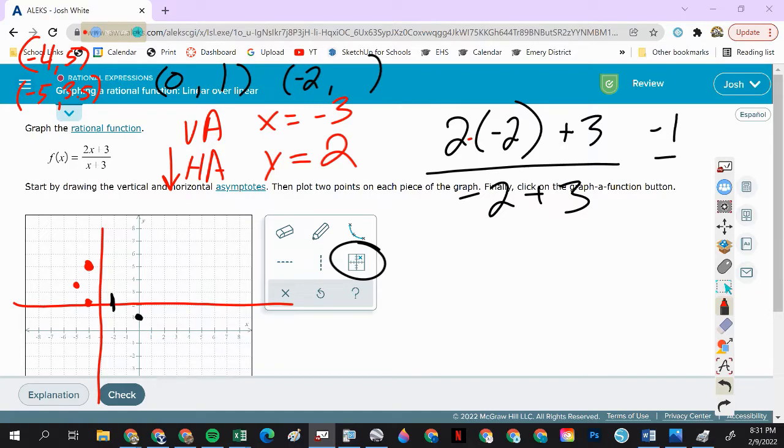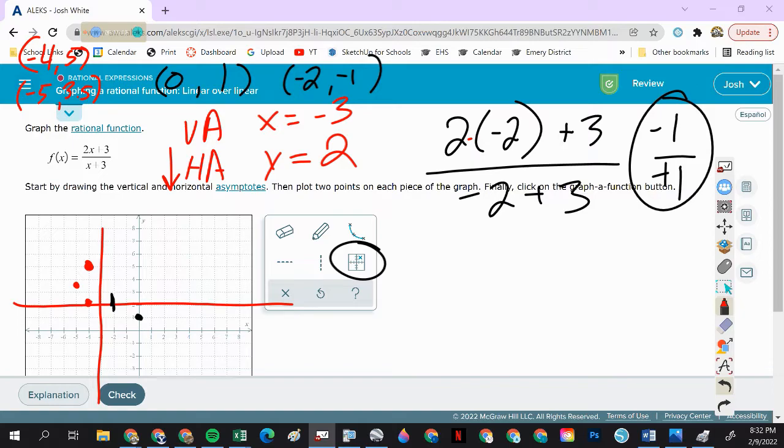And the bottom gives me -1. So that simplifies down to be 1. -2, 1. Hold on, something's not right. 0, 1. What did I do wrong? Oh, the bottom is +1. Sorry. So -1 divided by 1 is -1.